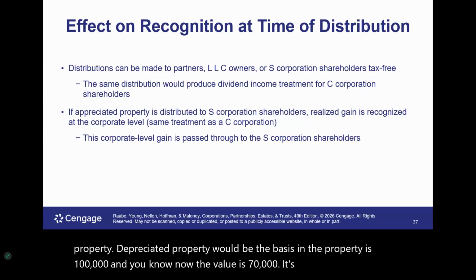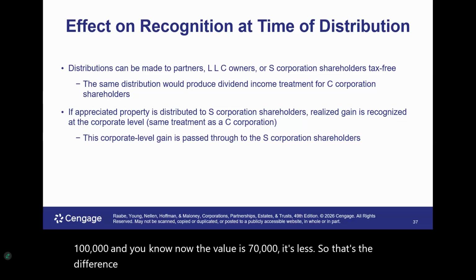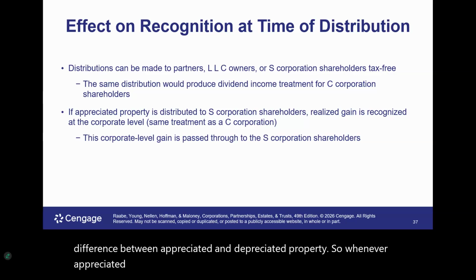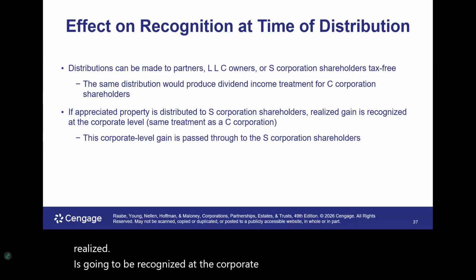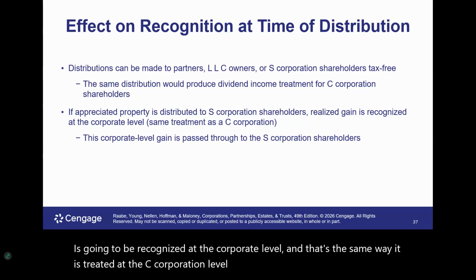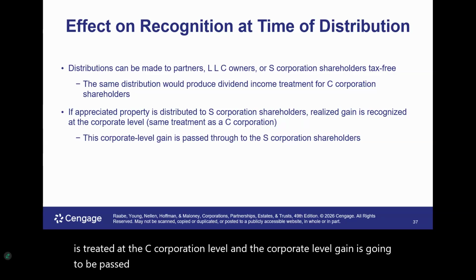So that's the difference between appreciated and depreciated property. Whenever appreciated property is distributed to S corporation shareholders, the realized gain is going to be recognized at the corporate level, and that's the same way it is treated at the C corporation level. And the corporate level gain is going to be passed through to the S corporation shareholders. So that's where there's that built-in gain.